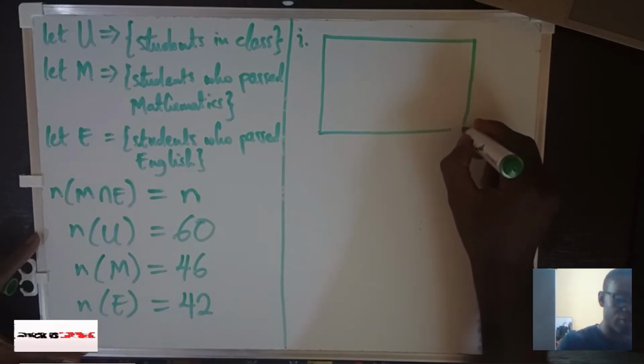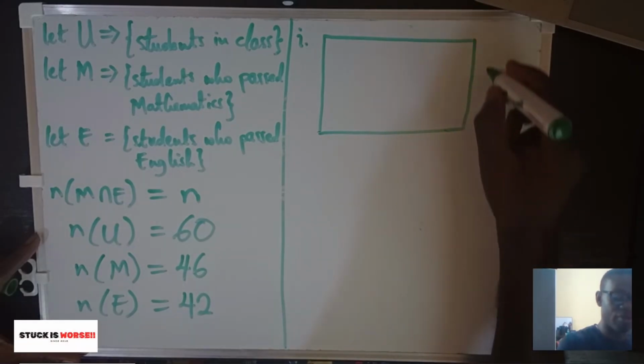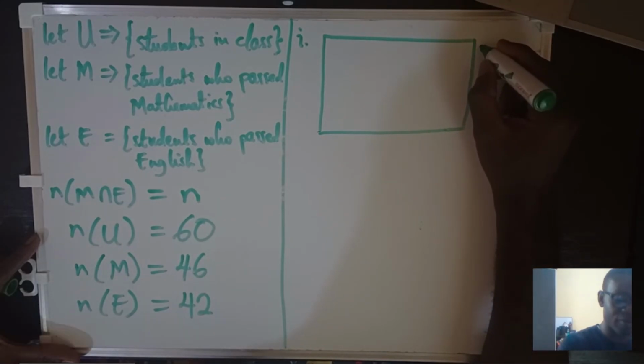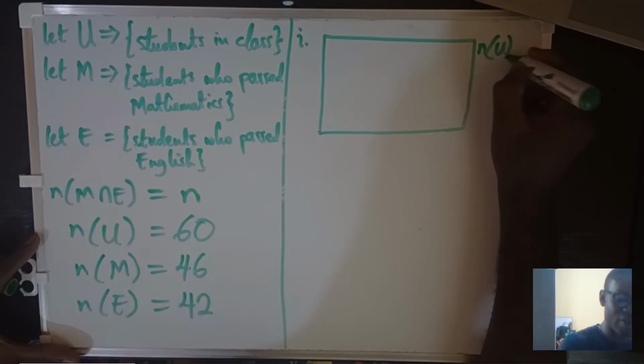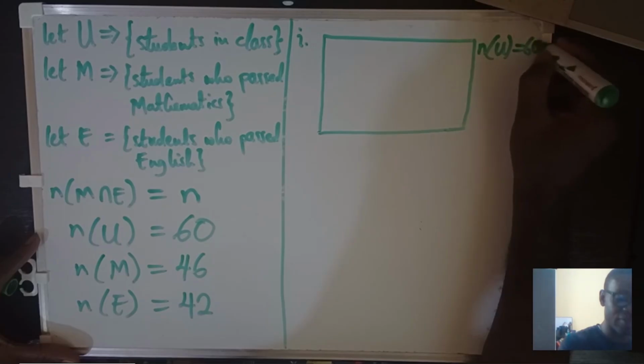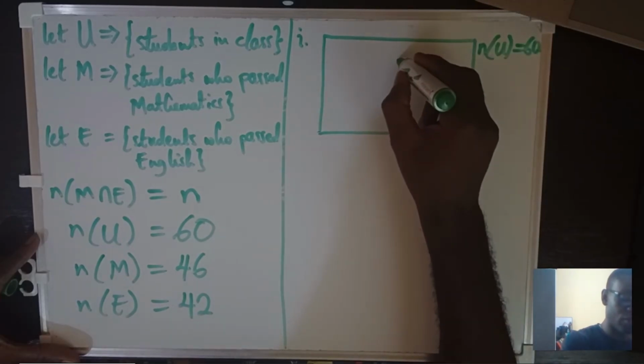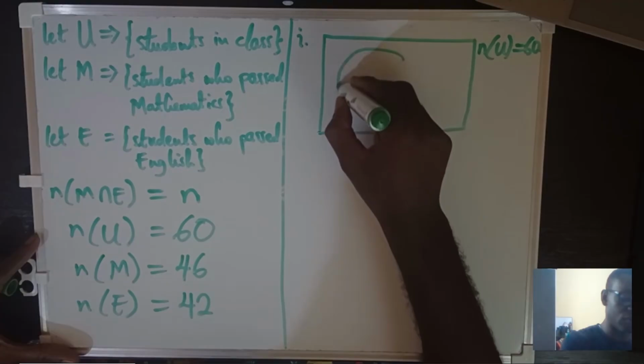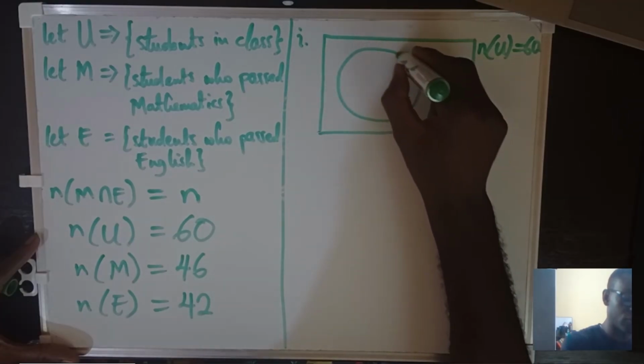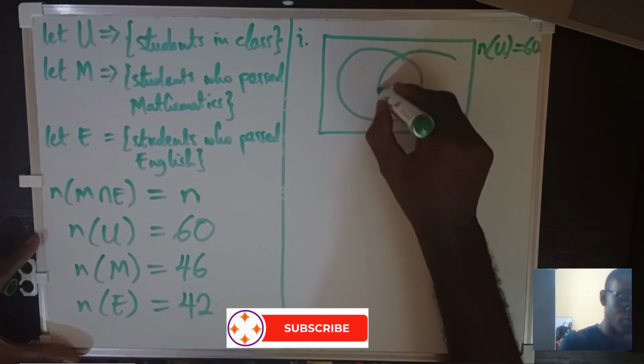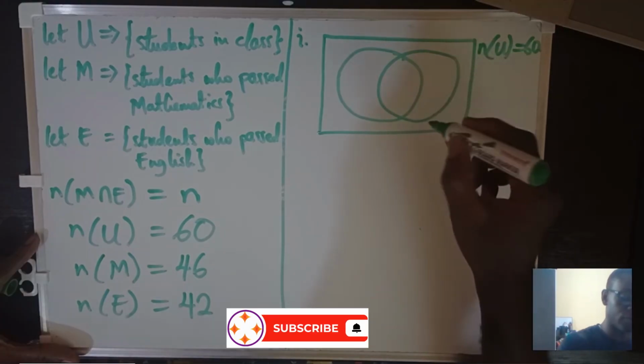Okay, so our n of U is 60. In the Venn diagram, we have two sets, so we are going to have two circles, like that.